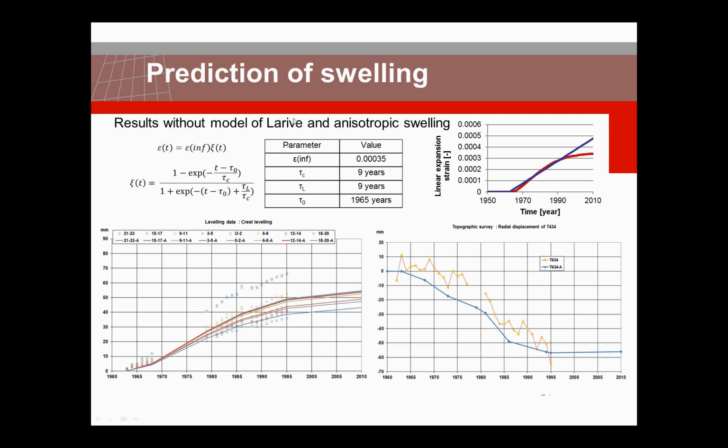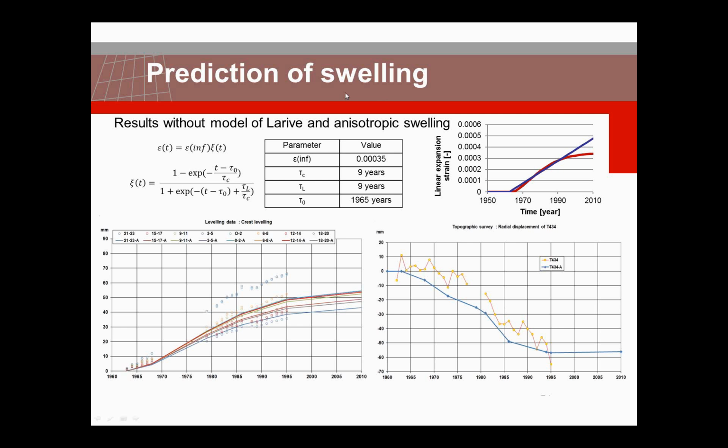So now we are going to account for the swelling, the ASR, and we don't have a specific model in DIANA available for describing this swelling behavior, but we misused the thermal expansion functionality.